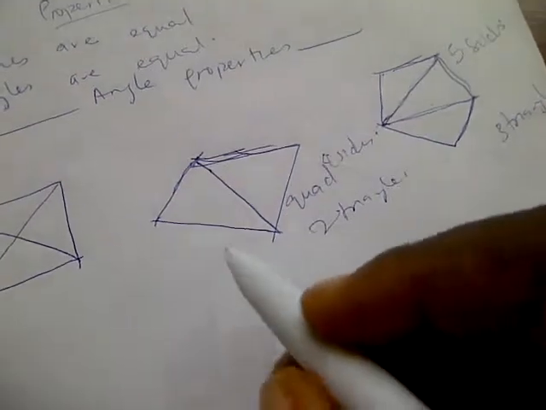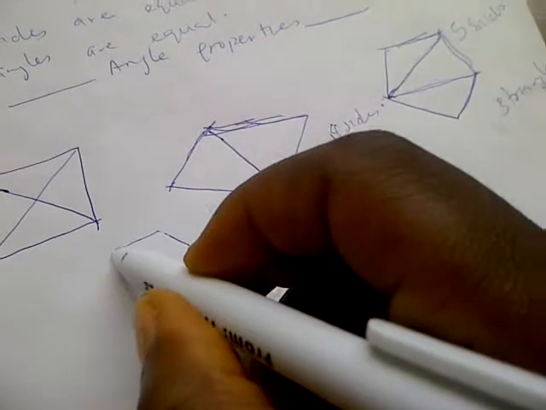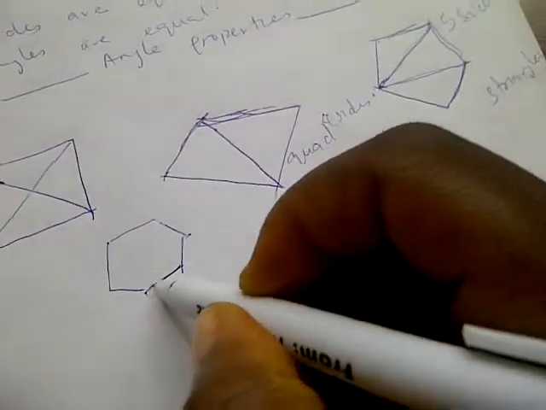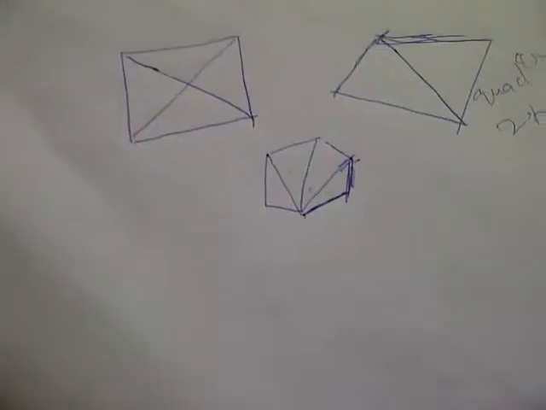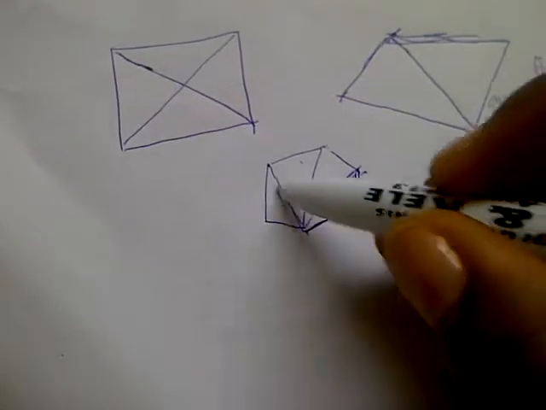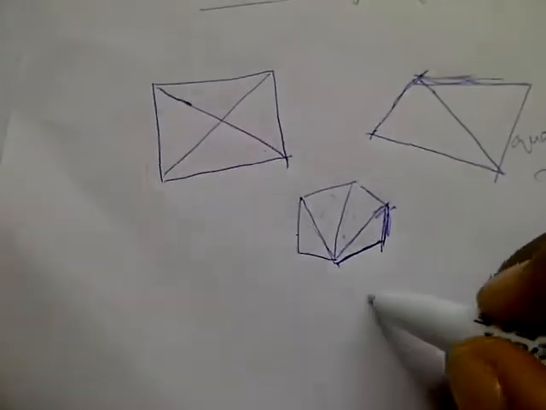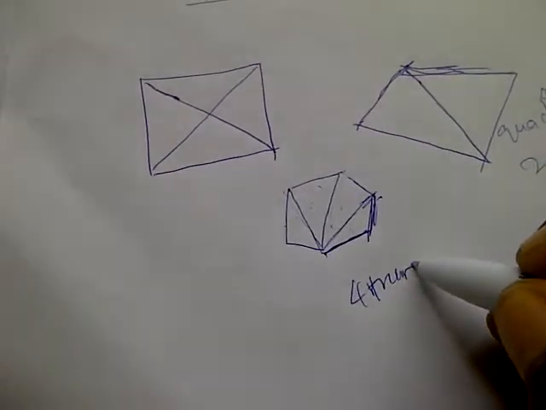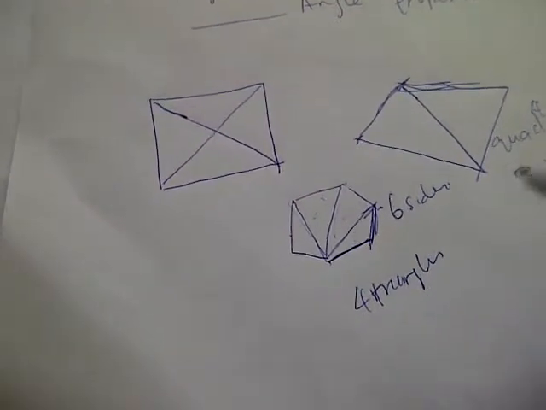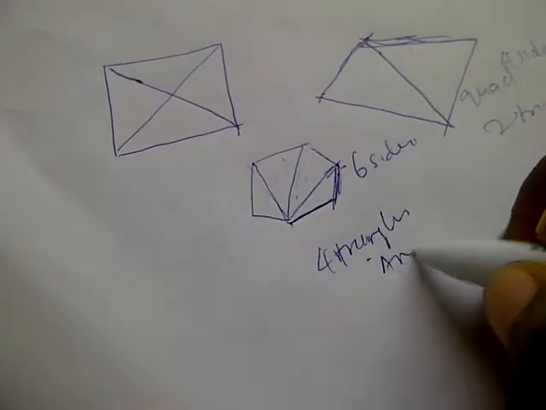Same way, a hexagon that has 6 sides, if you divide it using full diagonals, you find out that you can get 4 triangles from it. Now you know that the total sum of angles in a triangle is equal to 180 degrees.